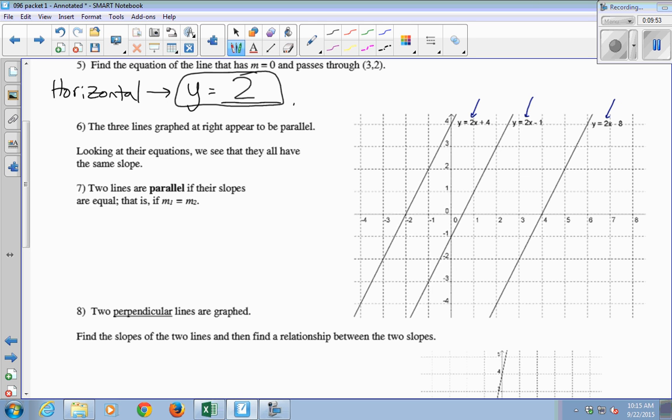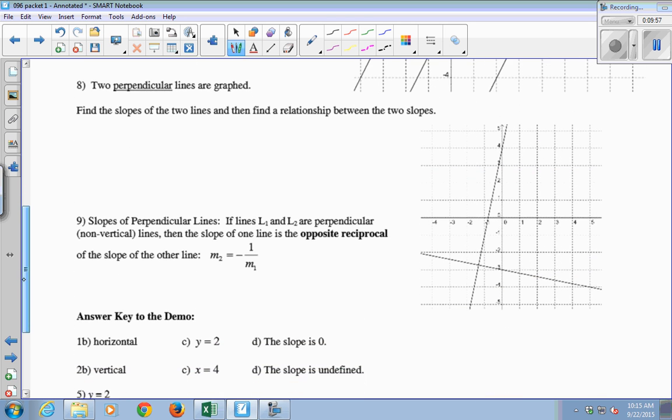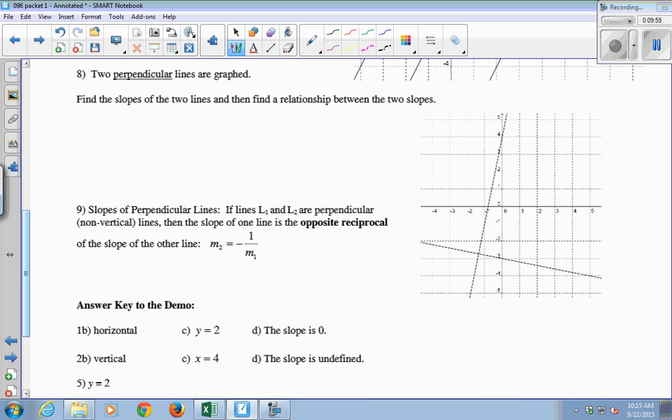So we've dealt with parallel lines. Let's look at perpendicular lines. So I've got two perpendicular lines here. And I'm going to find the slope of each of them and see if they have any kind of special relationship. Parallel lines have the same slope. I want to compare the slopes of these two lines. So let's label this line 1, and this one will be line 2.